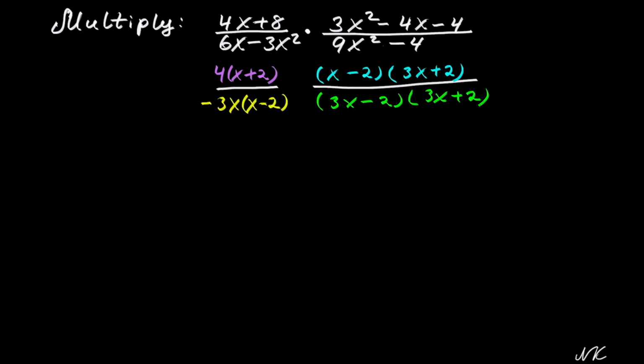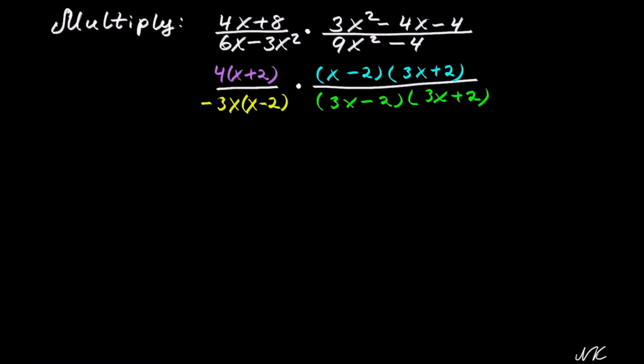So now we have 4 times x plus 2 out of 3x times x minus 2, times, this is still multiplication, x minus 2 times 3x plus 2 out of 3x minus 2 times 3x plus 2. On this step, we can reduce common factors.